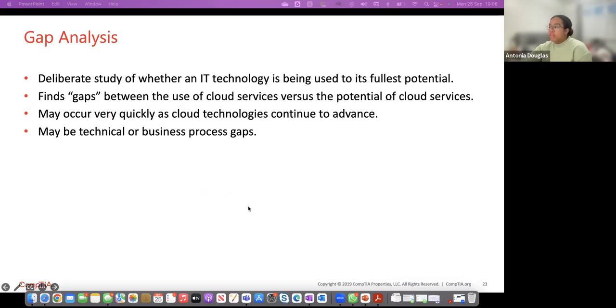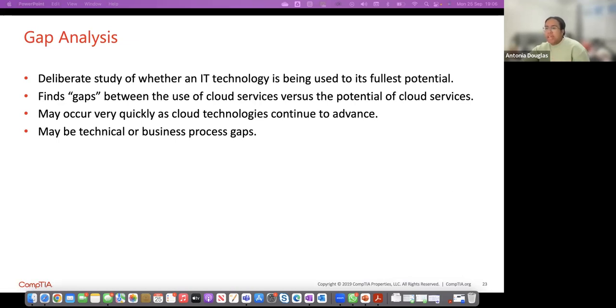Gap analysis. I think this is not technology specific.